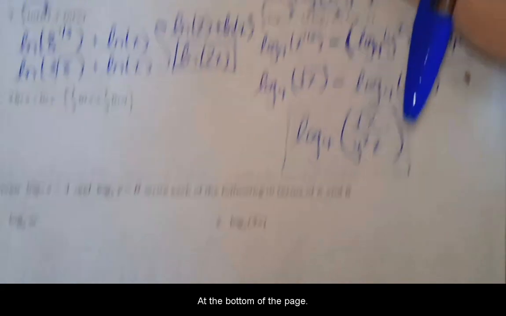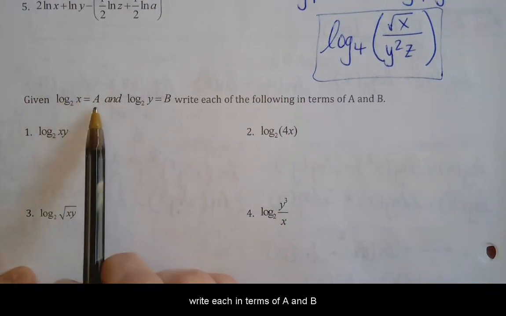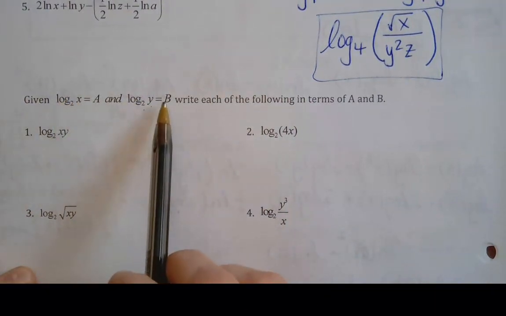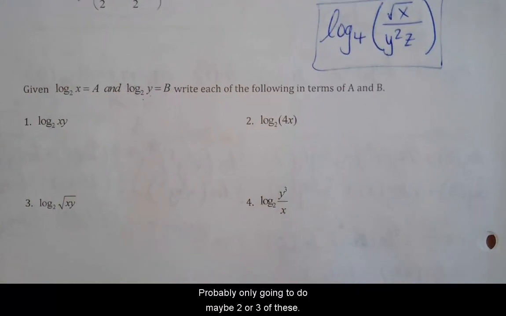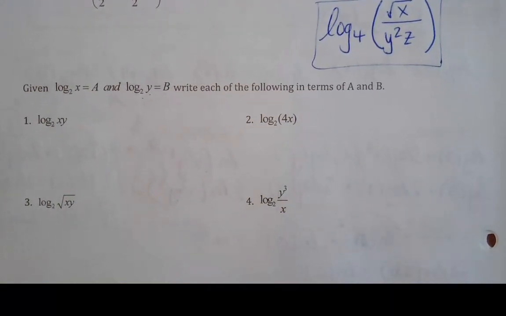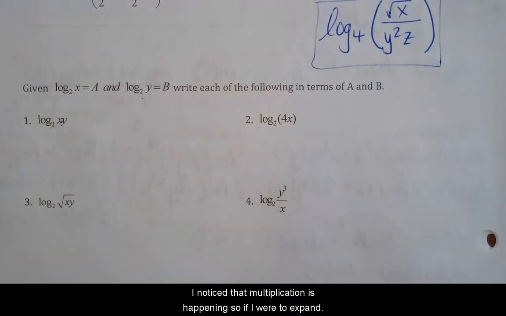At the bottom of the page, it says given log base 2 of x is a and log base 2 of y is b, rewrite the following in terms of a and b. I'm probably only going to do maybe 2 or 3 of these. All right, first of all, I noticed that multiplication is happening.